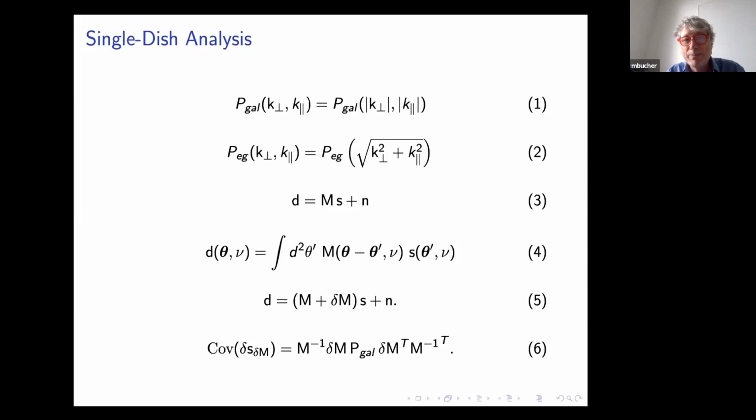Basically, you have the galaxy, and the galaxy has this power spectrum that factorizes, and a part that's the angular part, K perp and K parallel.